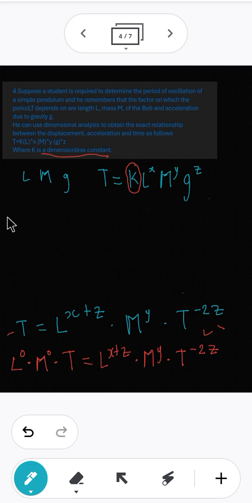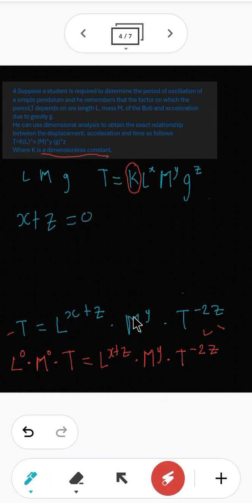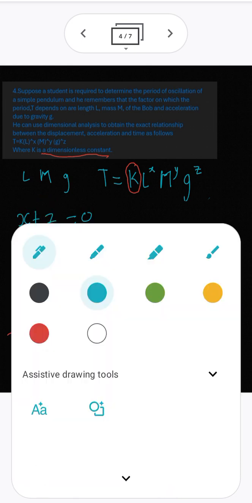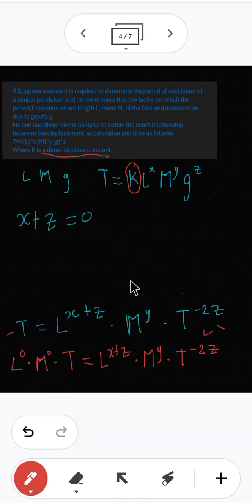So we're going to compare the powers. Now comparing the powers, we're going to have x plus z equal to 0. Why did I say so? We have L here, we have L here. The power of L on the left hand side is 0. Power of L on the right hand side is x plus z. Don't mind me, I just rearranged the equation. Now this is equation 1.